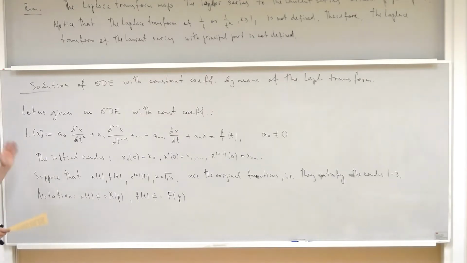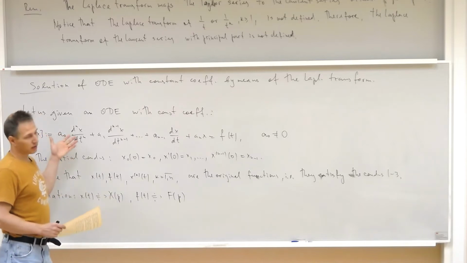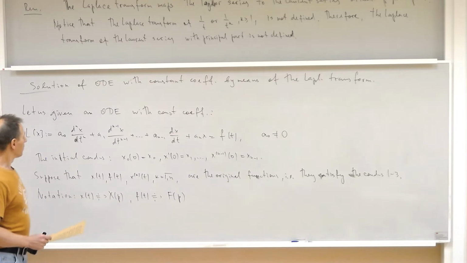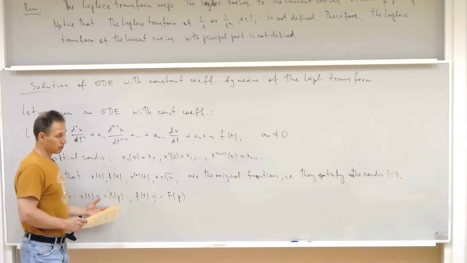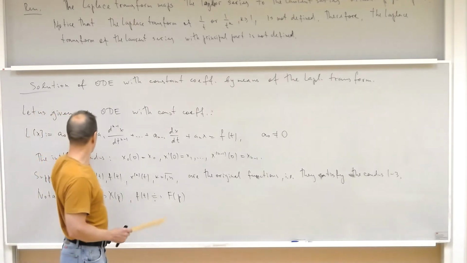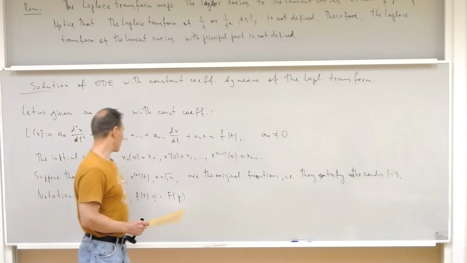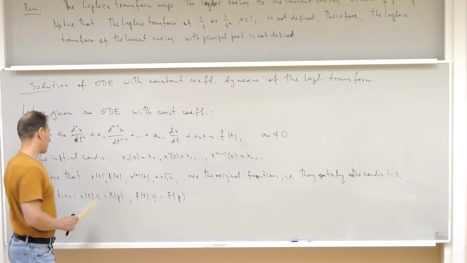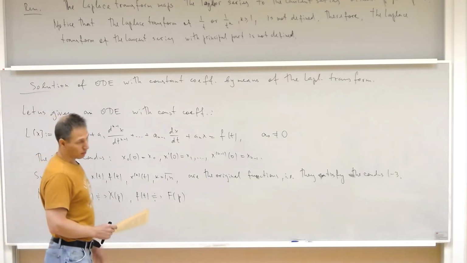Then the main idea of how to solve this equation by using the Laplace transform is to Laplace transform both sides of the equation. Then we will obtain an algebraic equation which can be easily solved. After that, we express from this algebraic equation X large in terms of coefficients a, initial conditions, and F large. And after that, we perform the inverse Laplace transform and find x small.